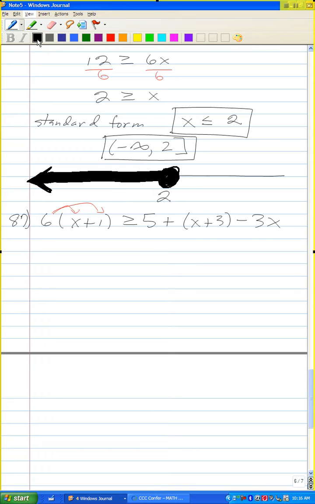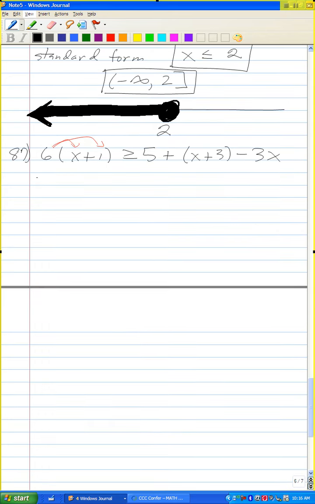So by the distributive property, I have that 6x plus 6 is greater than or equal to 5 plus x plus 3 minus 3x. So 6x plus 6 is greater than or equal to 5 plus 3 is 8, x minus 3x is minus 2x.